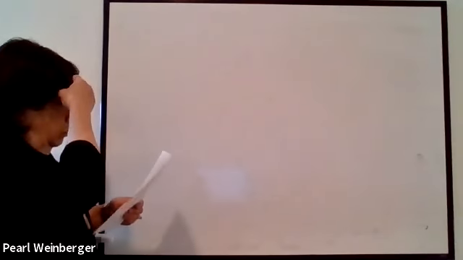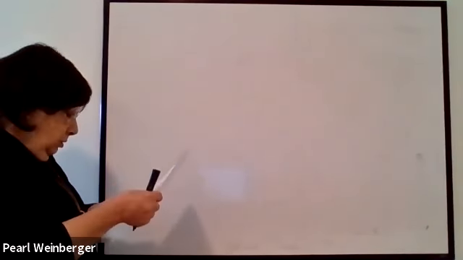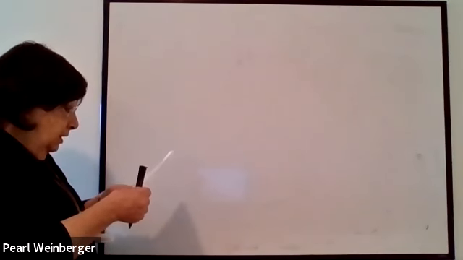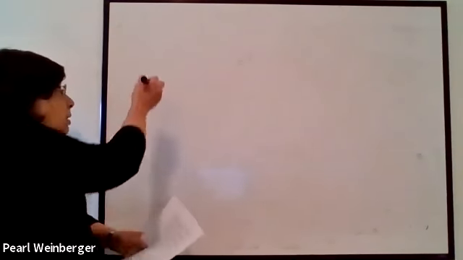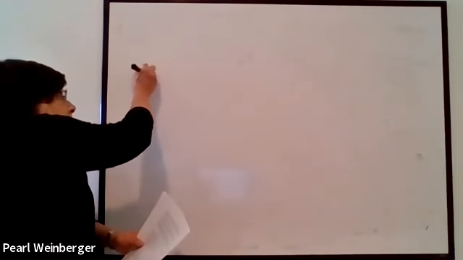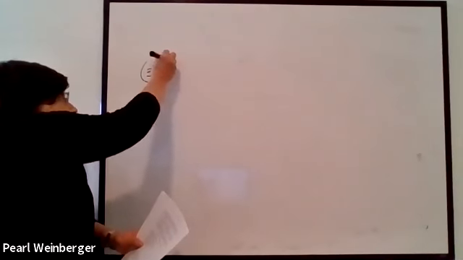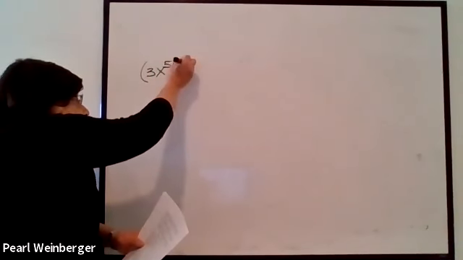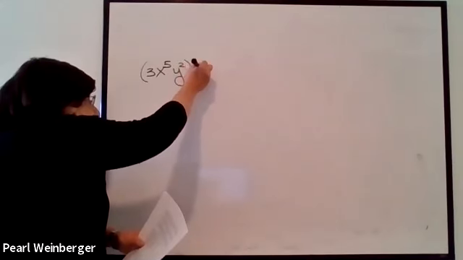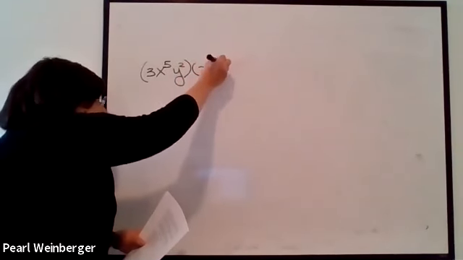First of all, we had questions that looked like this. Suppose I gave you something like 3x to the 5th y squared times 2x to the fourth y.